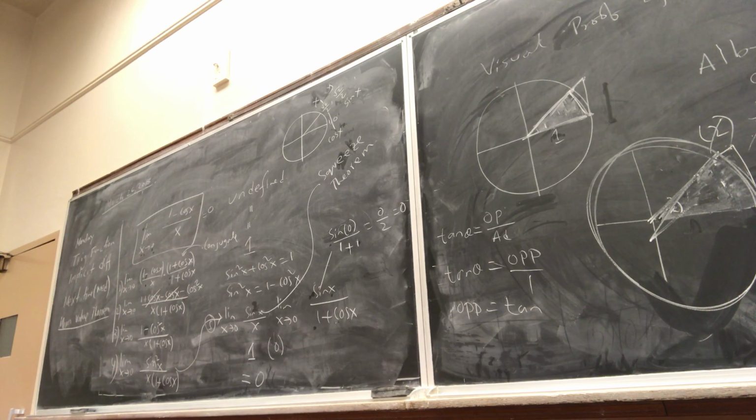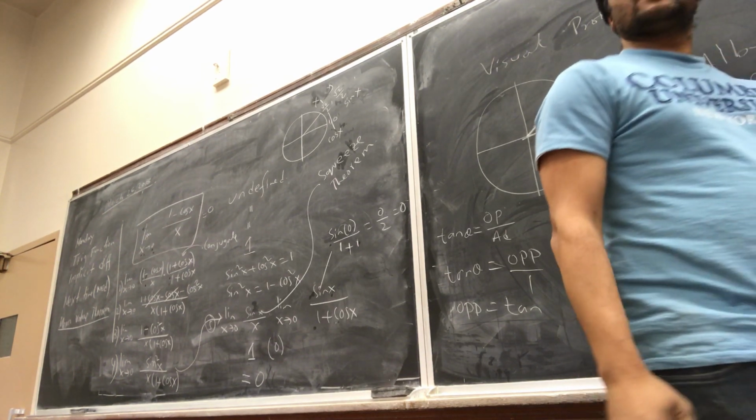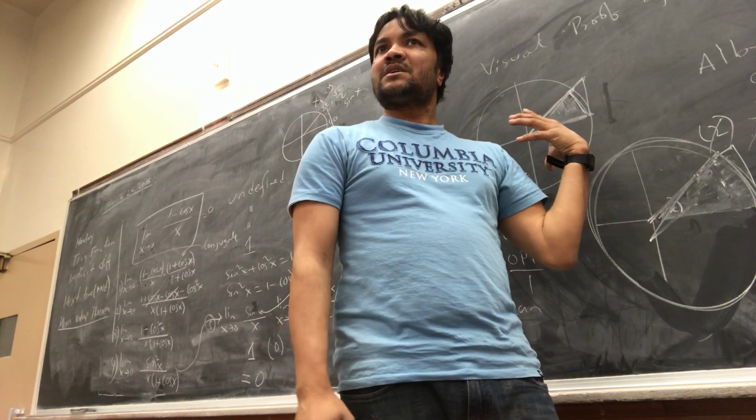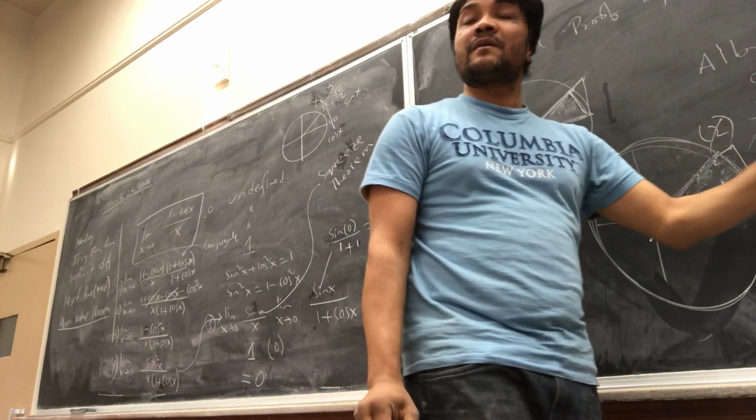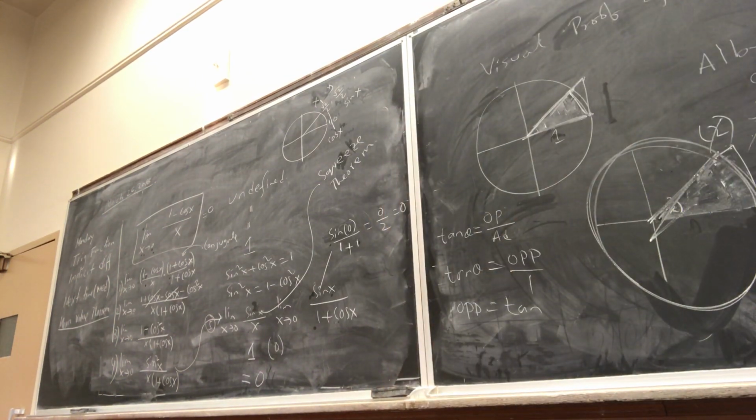Cosine 0 is 1. So we can say this is 1 by the squeeze theorem. Now it will make more sense hopefully. If g of x, or those statements, you can write them again.